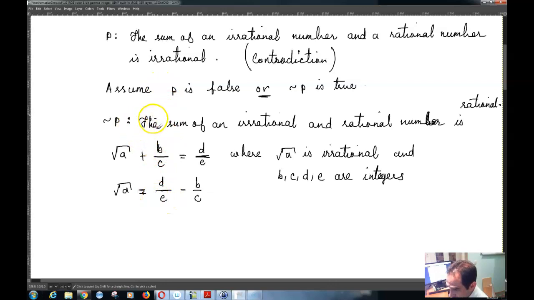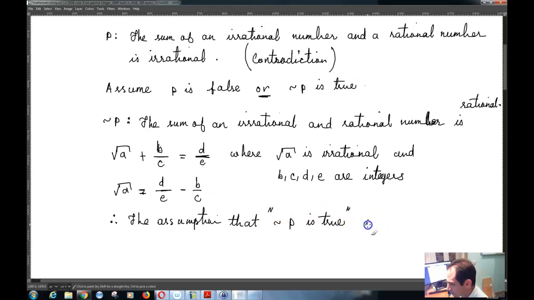And therefore, since the assumption was wrong, meaning that the assumption that not P is true is false, the logical conclusion is basically P is true.